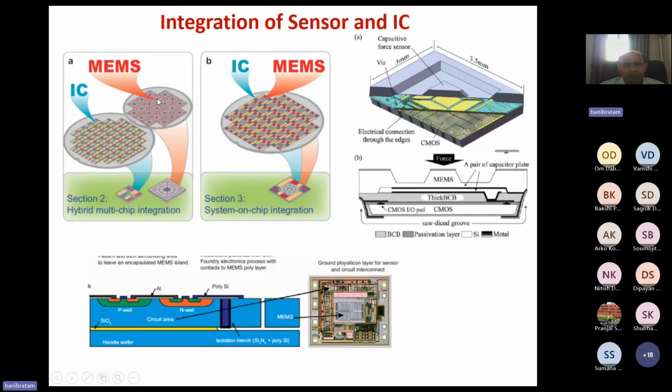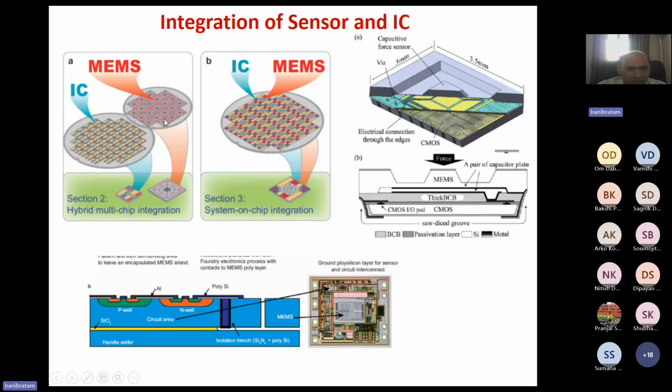If we want to get a small miniaturized device, we have to go for the MEMS, or micro electromechanical system, miniaturization fabrication process, using which I can design my MEMS sensors, and using VLSI technology we can design the IC. Then I can integrate my MEMS and IC together. Here you can see in this case we are manufacturing the MEMS sensor separately and the VLSI IC circuit separately, and later on we are just hybridizing both chips, a multi-chip configuration.